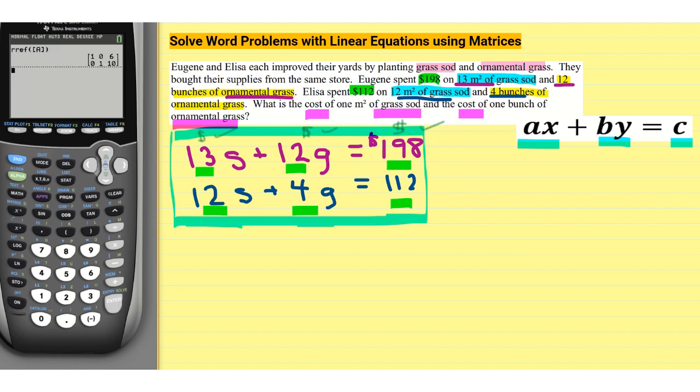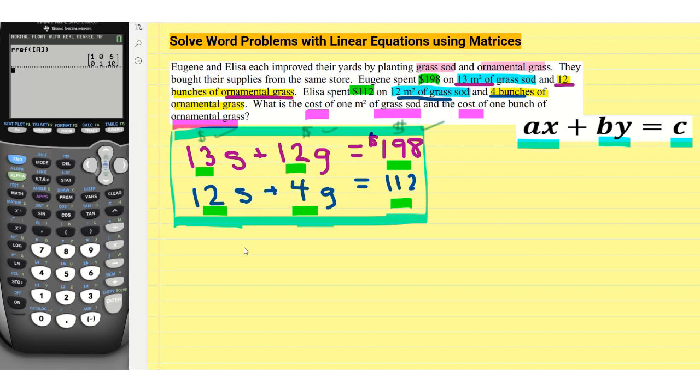and you see it gives me an answer matrix. My answer matrix says 1, 0, and 6, and it says 0, 1, and 10.